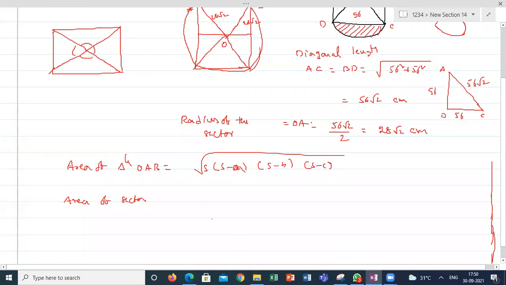Students, please. It's a square. What is the angle here? How do the diagonals bisect in a square? So each angle is 90.